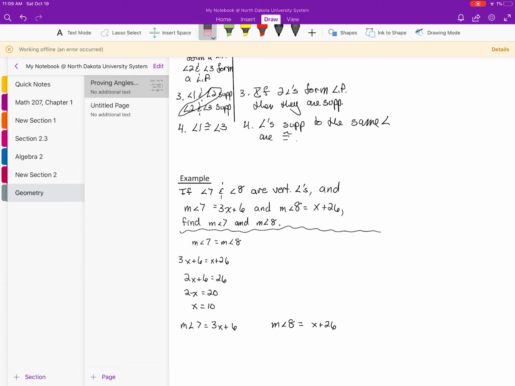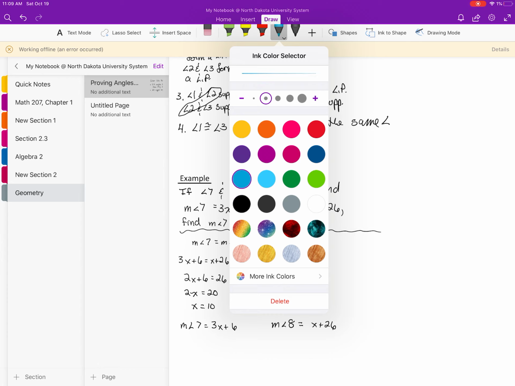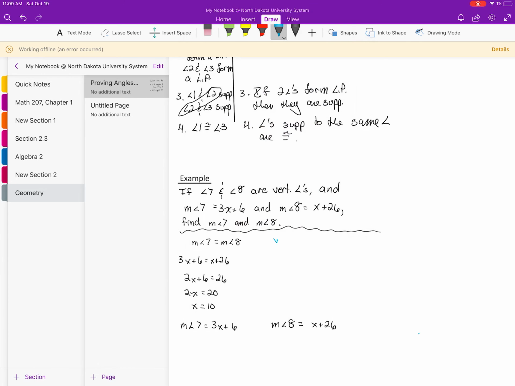So we know that angle 7 and angle 8 are vertical angles. That's given. Which means their measures are congruent, and that is according to the vertical angles theorem, right? Let's use blue.